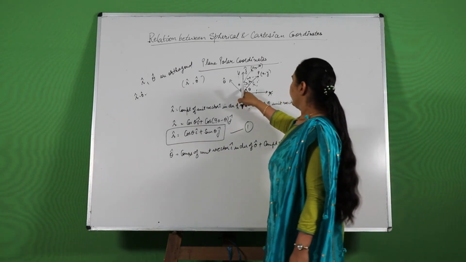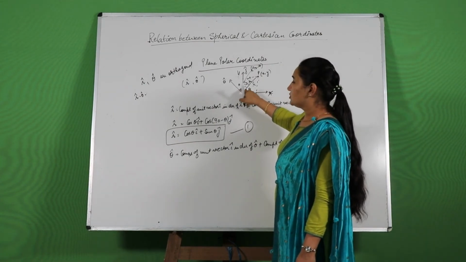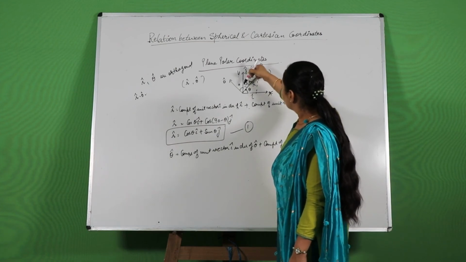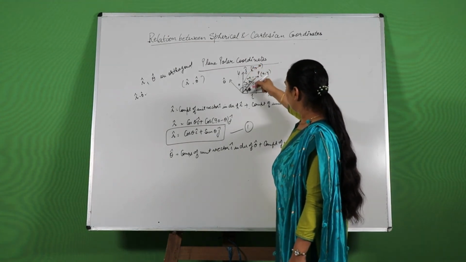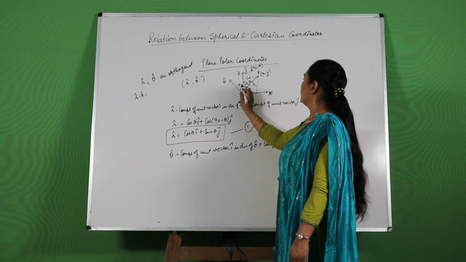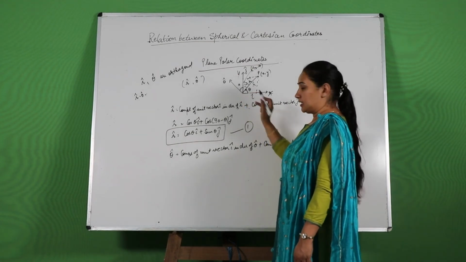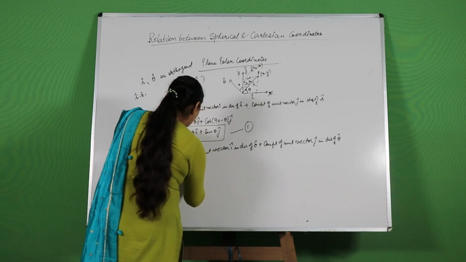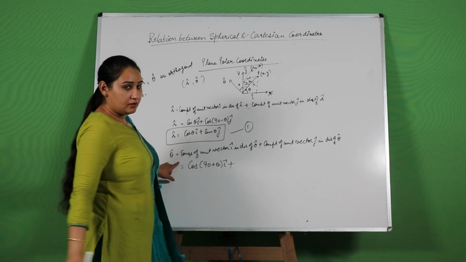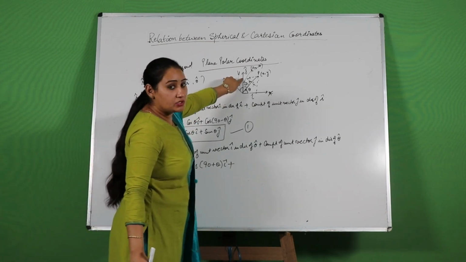So see, theta cap is making an angle of theta with the j cap, and i cap is making an angle of 90 plus theta. So I can write cos(90 plus theta) i cap, plus theta cap is making an angle of theta with j cap.